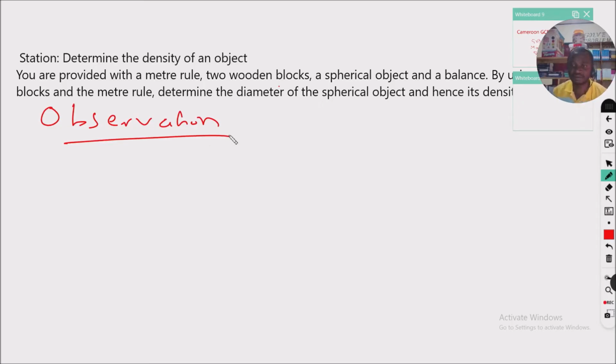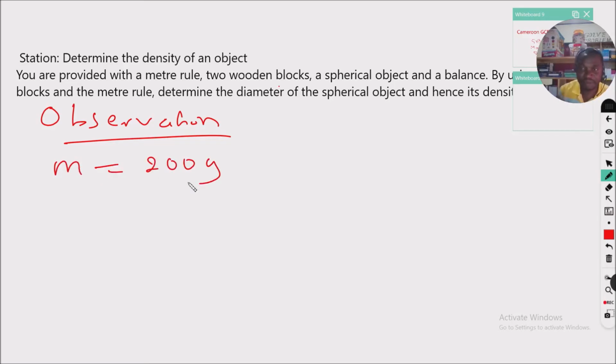What did you see? What did you feel? What did you smell? We did not feel anything, we did not smell anything, but we saw numbers when we read our meter rule and measured the mass. We saw the mass to be, let's say, 200 grams.